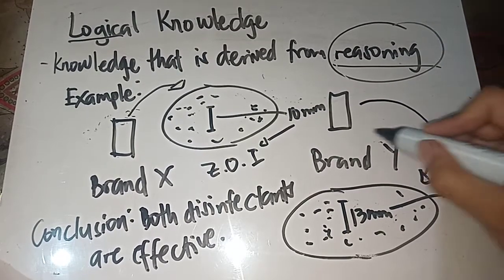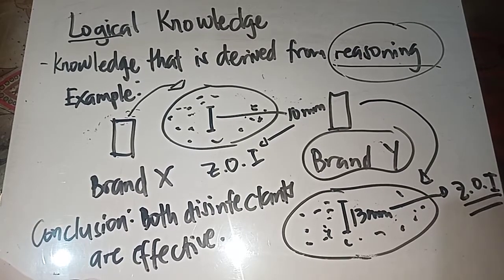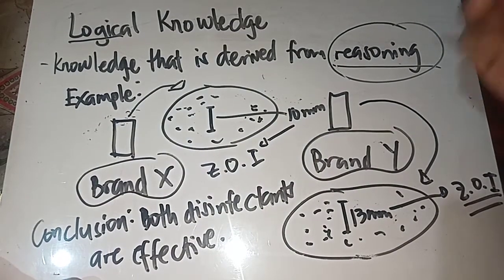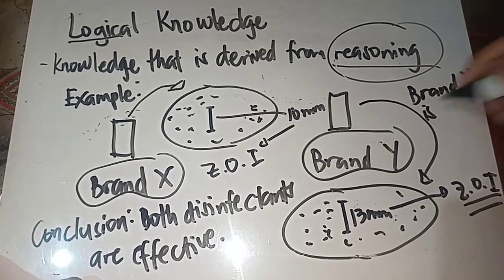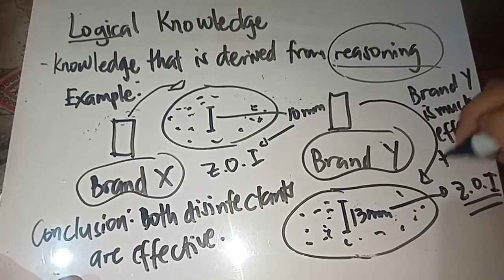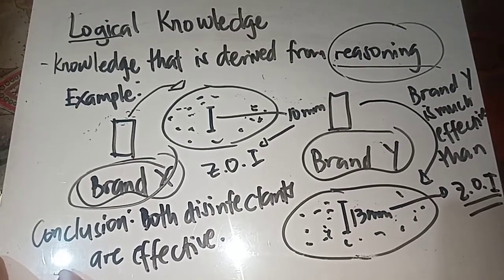However, brand Y, okay, showed a higher zone of inhibition than brand X. So we can also conclude that brand Y is more effective than brand X. Okay? So brand Y is more effective than brand X. So that is our conclusion for this experimental setup.